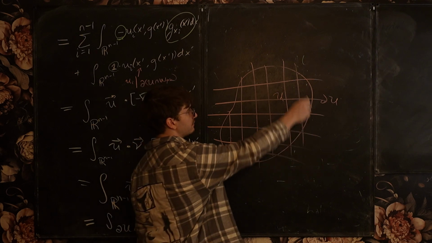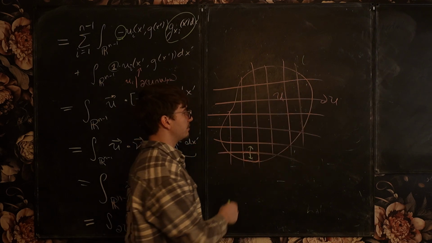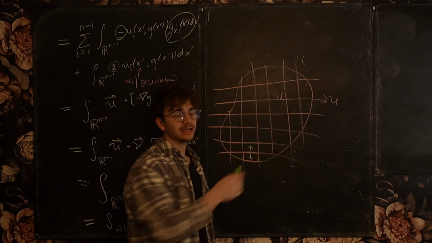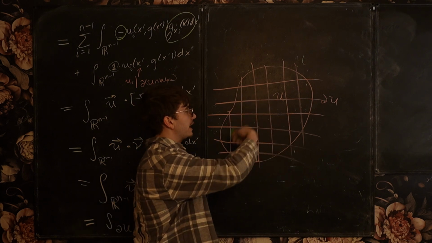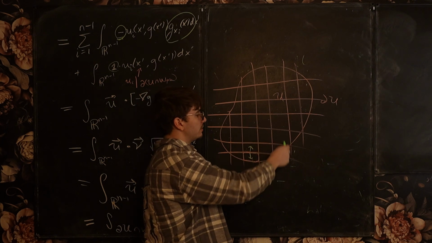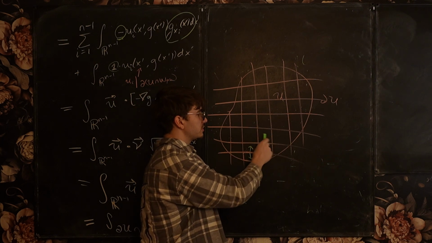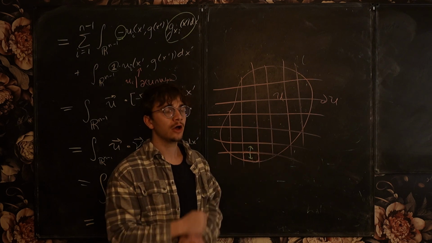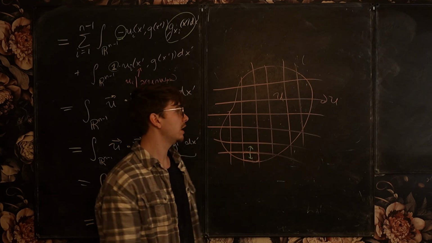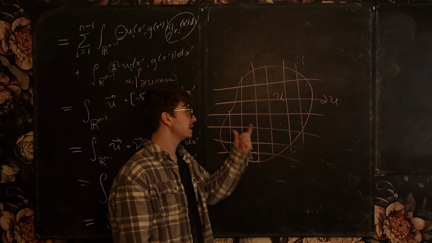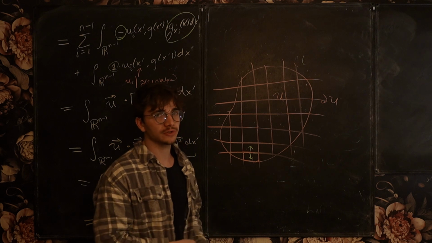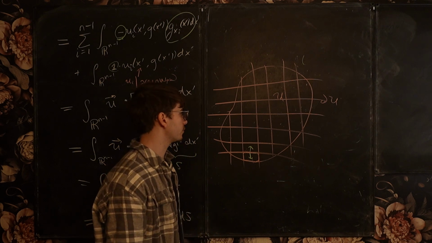And then notice that if I sum up the divergence of a vector field over the entire grid, well, the grid has zero measure. So summing up the integral of the divergence over the interior of the boxes is the same as just integrating the divergence of the vector field over the entire interior of U, because this grid has zero measure, so it's not going to affect the integral.